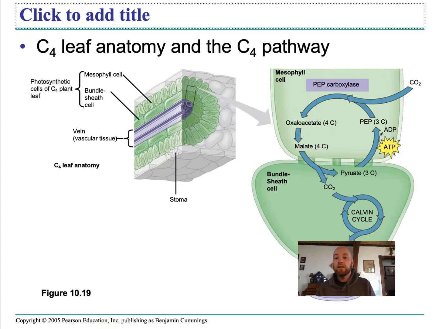The light reactions are going to occur in your normal mesophyll cells, but a lot of the ATP and other things are going to be shipped off to a specialized cell called a bundle sheath. And this is where the Calvin cycle is going to happen. So you have 2 different cell types sort of dividing up the work to limit the amount of negative products that we're going to get from the Calvin cycle.